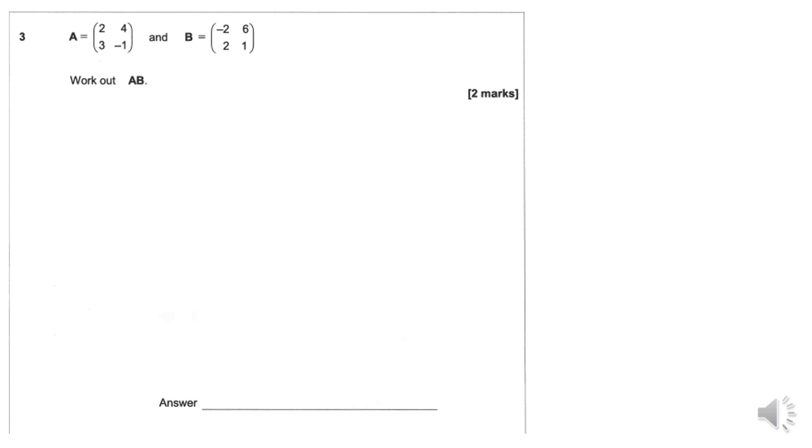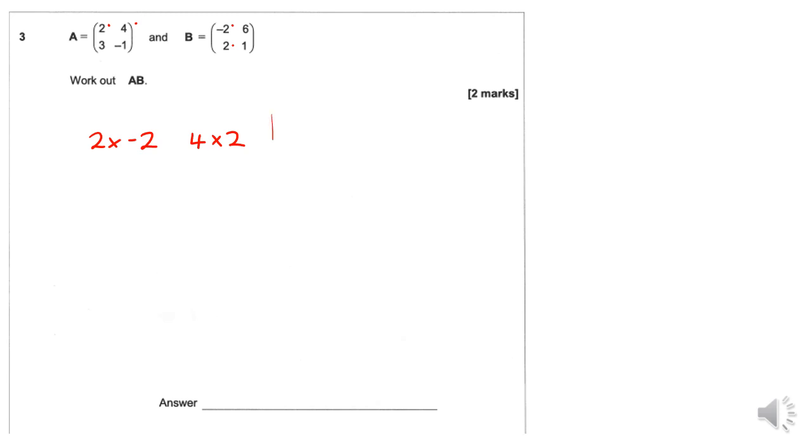Okay, here we've got to do our matrices rules. Remember, you multiply the rows by the columns. So I need to do 2 times negative 2, because that's that times that. But then I need to do this 4 multiplied by this 2. So I've got 4 times 2.